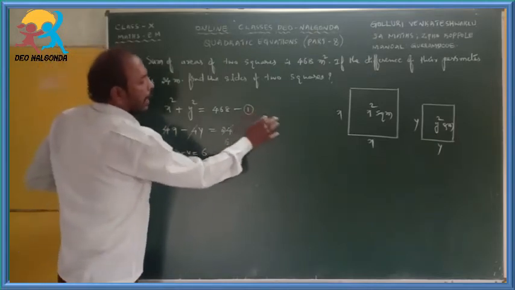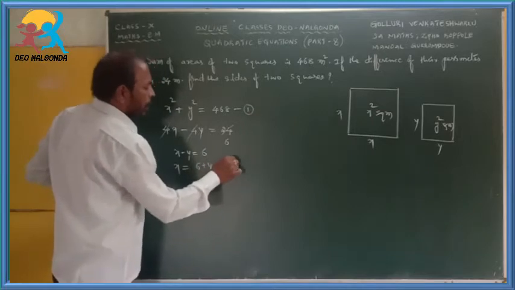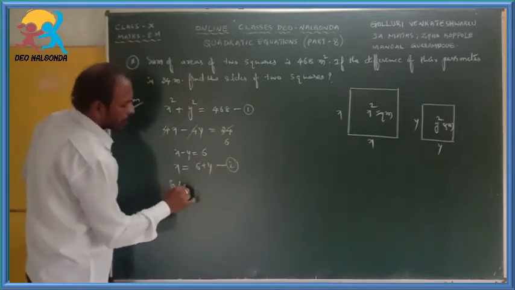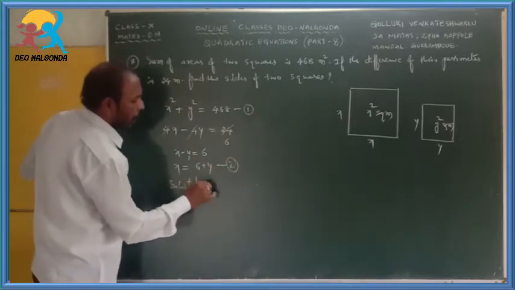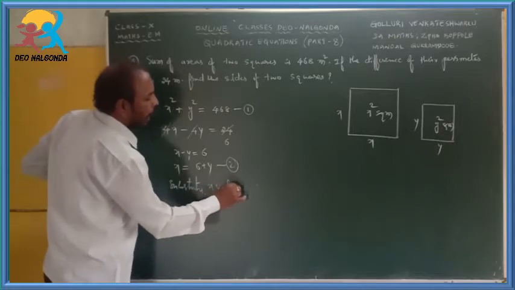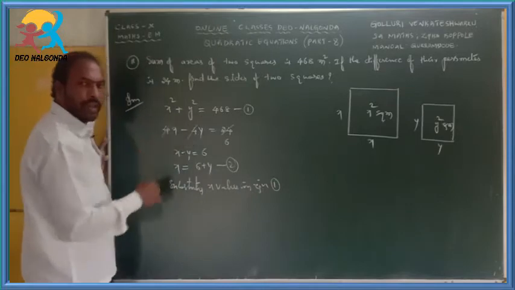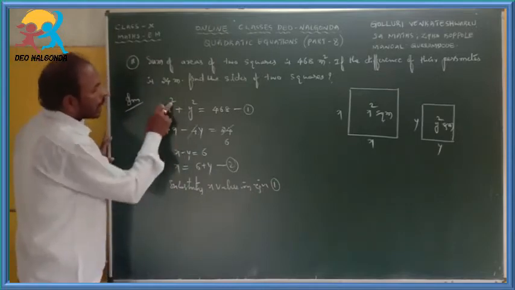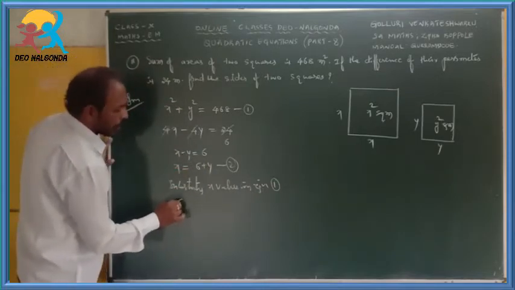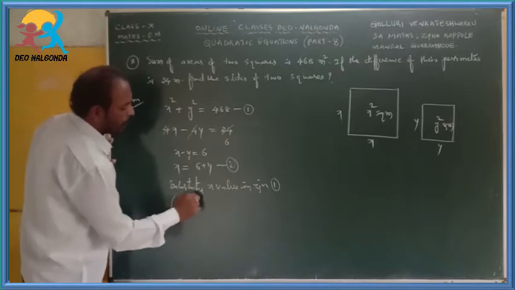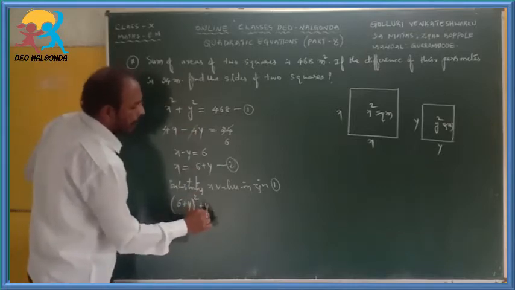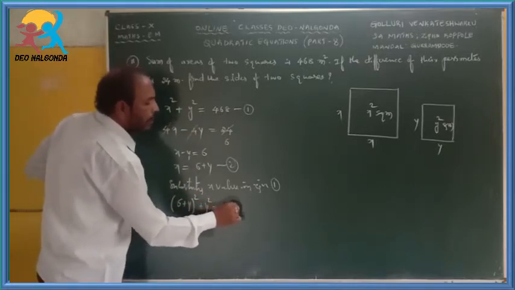Let this be the second equation. Substituting the x value in equation 1, we get (6 plus y) whole square plus y square is equal to 468.